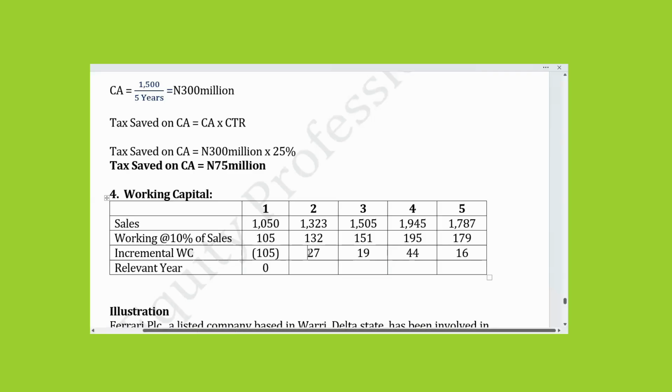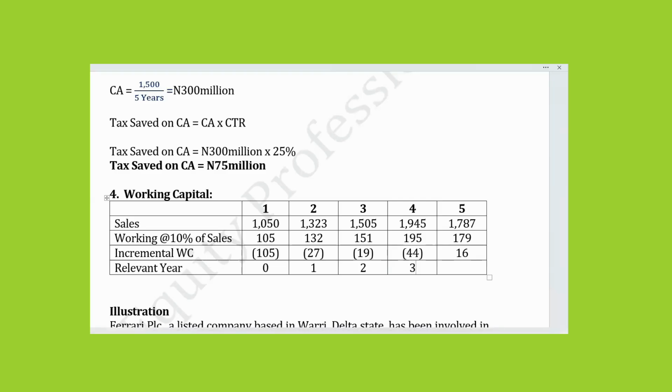The 27 million will be treated as cash outflow in the year before year 2, which is year 1. The 19 million will be treated as cash outflow in year 2, which is the year before year 3. The 44 million will be treated as cash outflow in year 3.